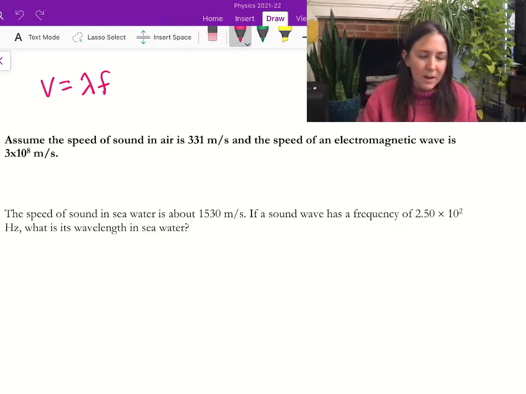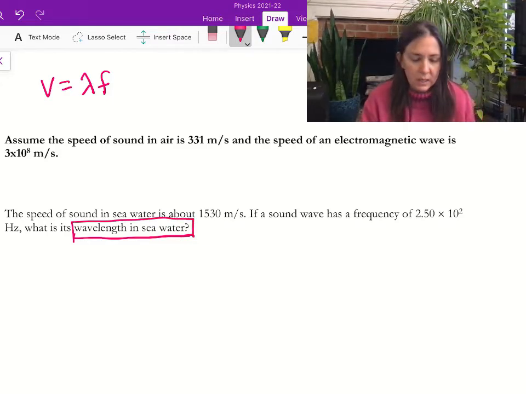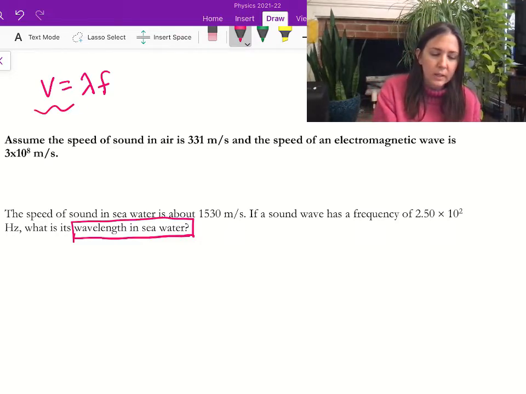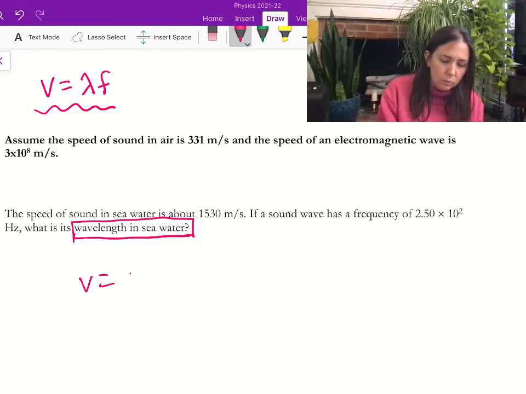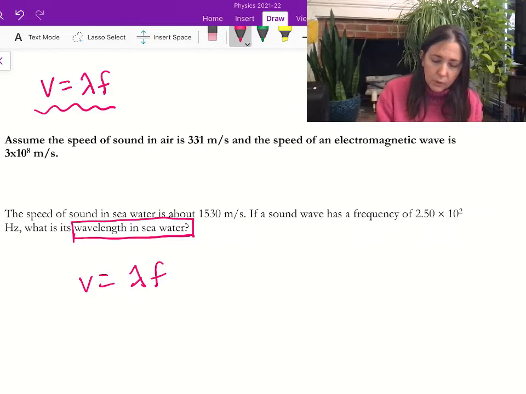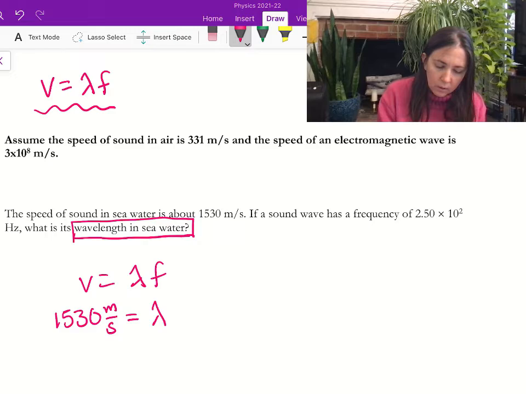So if I were to think about how to find the wavelength, what is the wavelength of sound in water? I have my equation. Velocity is the wavelength times the frequency. So the speed of sound is 1,530 meters per second in seawater, equal to the wavelength times the frequency of 2.5 times 10 to the 2 hertz.